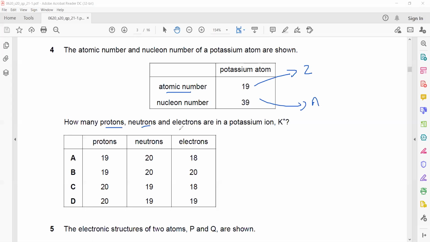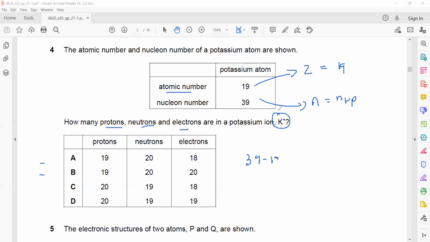How many protons, neutrons and electrons are in the potassium ion? The atomic number represents the proton number, and the nucleon number is the sum of protons and neutrons. There are 19 protons, so either A will be the answer or B. But how many neutrons are there? 39 minus 19, so 20.